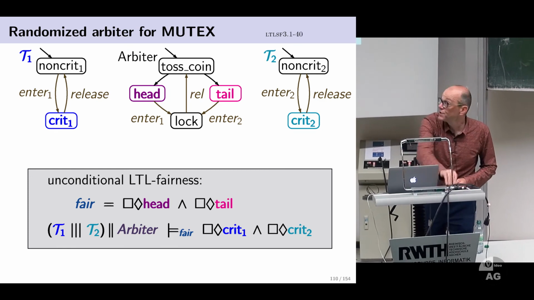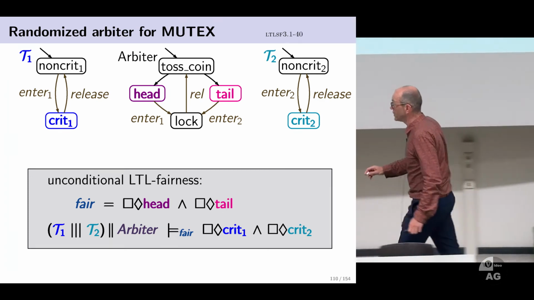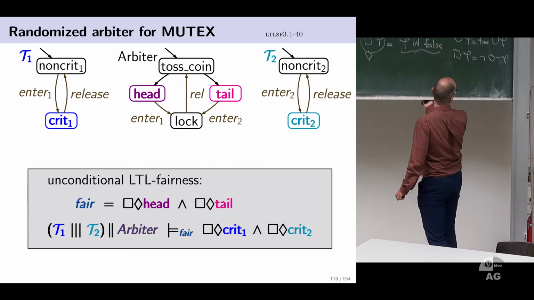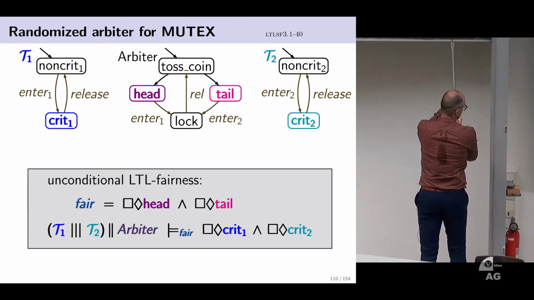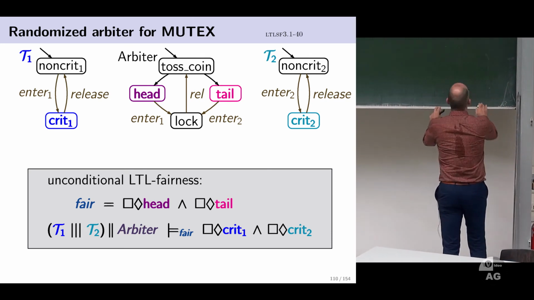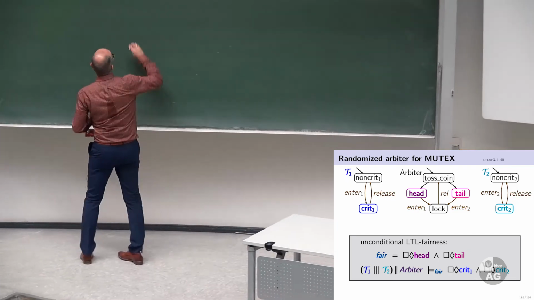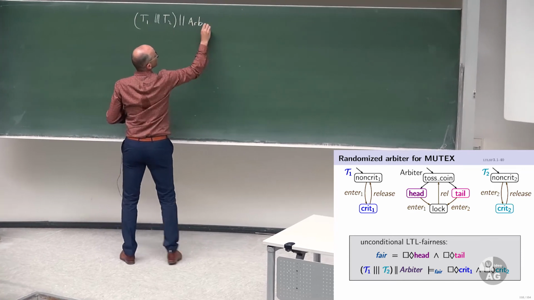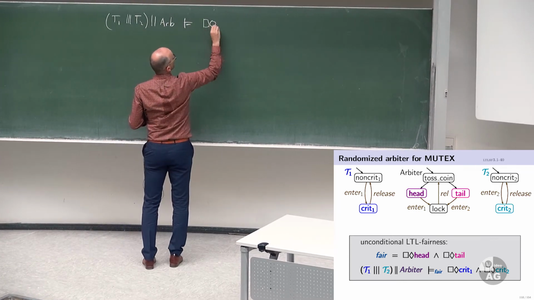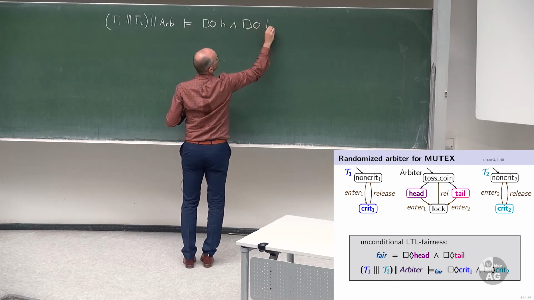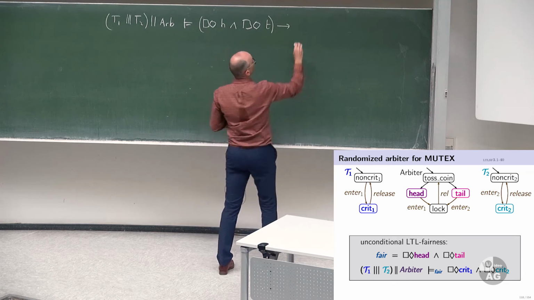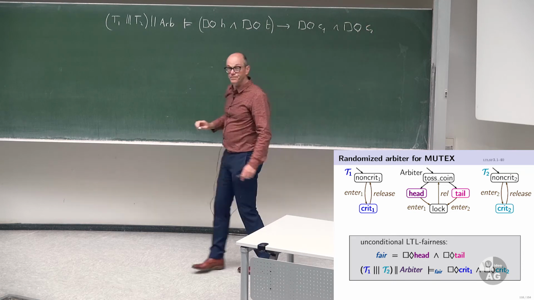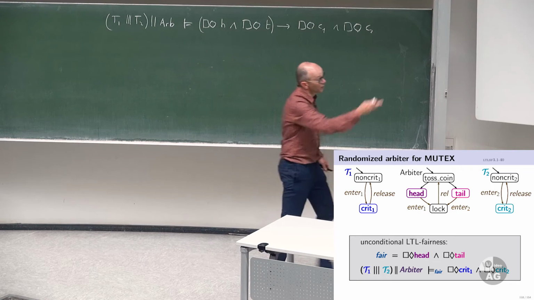The way to see that is the same as we have seen on the previous slide: that's the same as saying T1 parallel T2 parallel the arbiter satisfies the formula infinitely often heads and infinitely often tails implies, and then the whole formula there, infinitely often crit 1 and infinitely often crit 2. That's equivalent to the formula we have here.